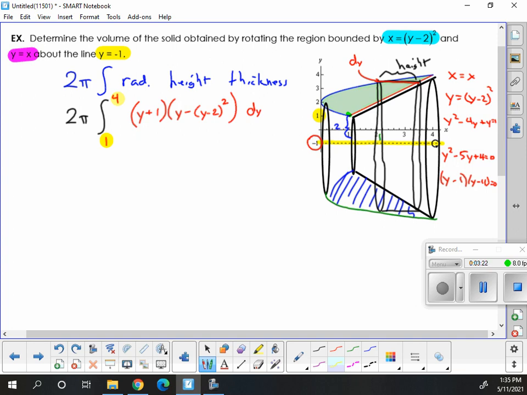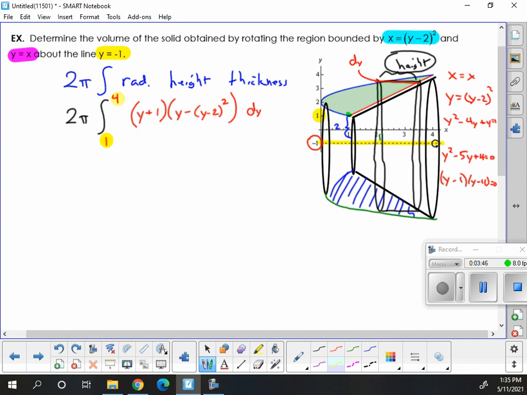All right, and then the height of our cylinder is going to be the difference. We see this over here, our height is going to be right here. And that's the difference between the rightmost curve, which is the largest x, minus the left curve, the blue curve, which is the smaller x. And so that's where we get this (y minus 2) squared.